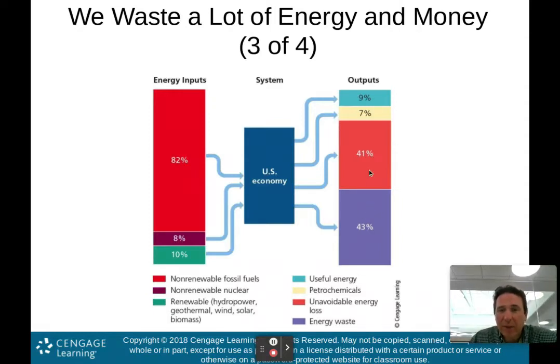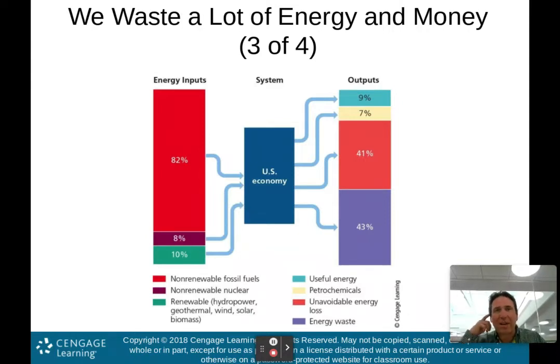Red is unavoidable energy loss, and 43 is energy waste that is avoidable. There's that 43% again. So if we can at least try to lower this number to increase these numbers up here, we're doing ourselves a favor. Again, the unavoidable energy loss, maybe we can deal with that later, but it's this energy waste that we need to reduce because we're inputting all this energy and only 16% is coming out as useful energy that we can actually perform tasks with. The rest of it is wasted.